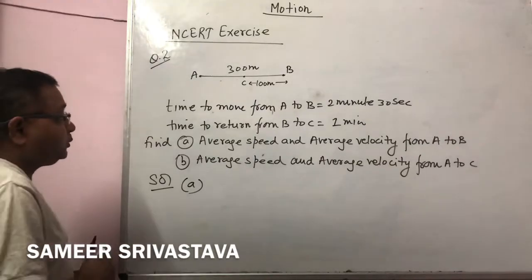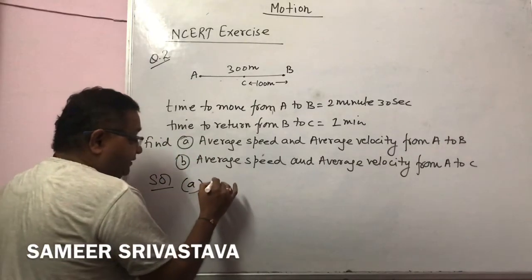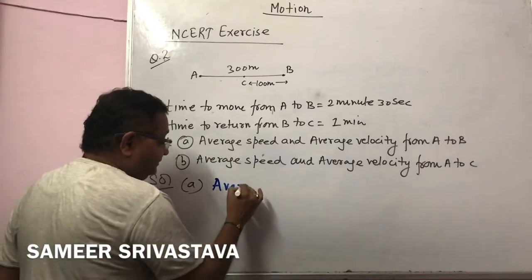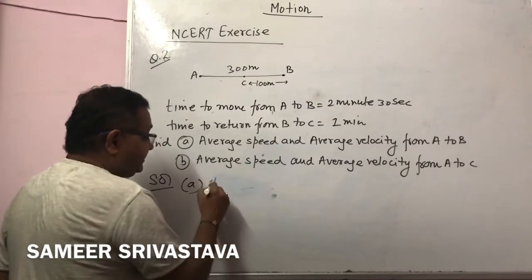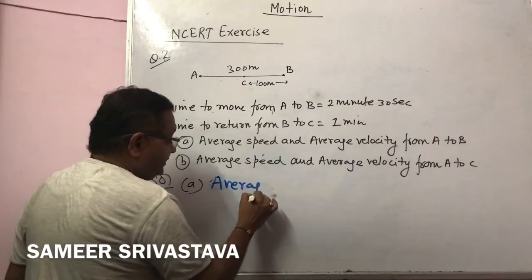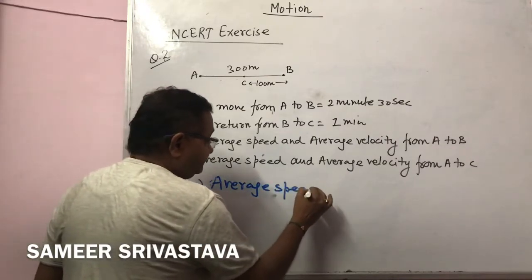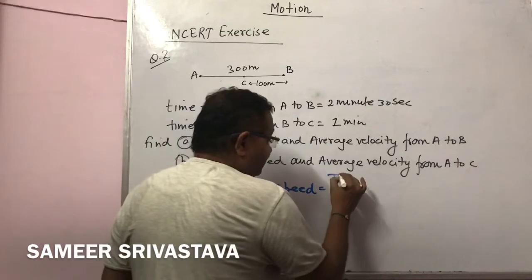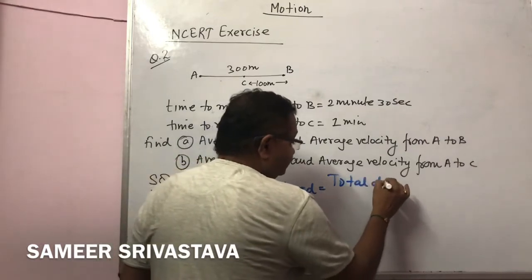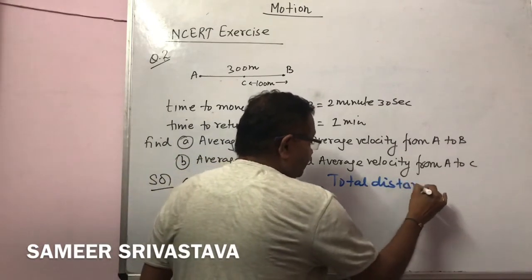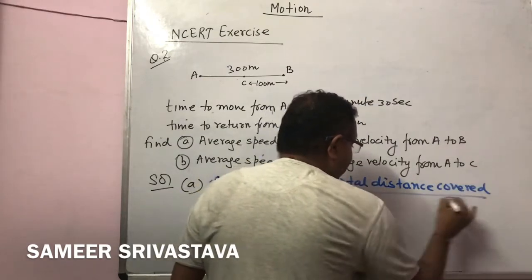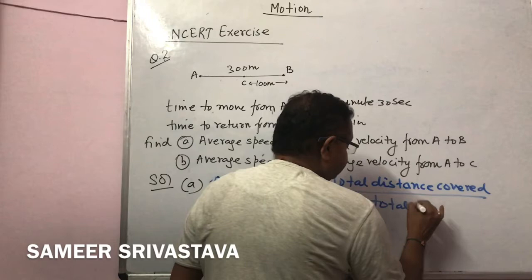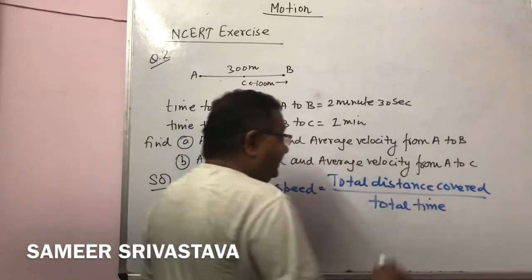Now, as we know, the average speed formula is total distance covered upon total time taken. Right?